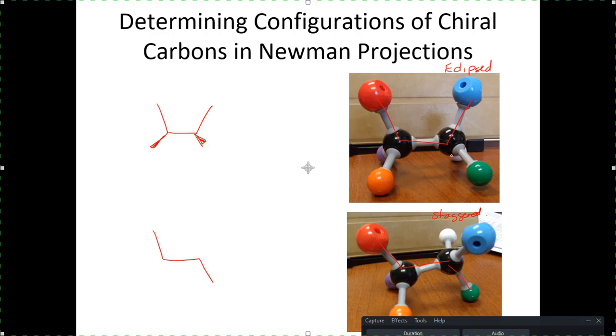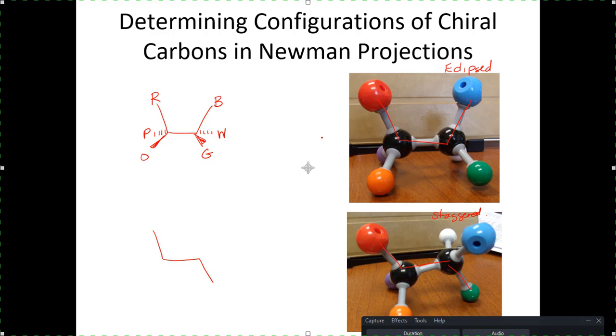The purple and the white that you can barely see are down, and they are away. So in this molecule, the red ball is here, the blue ball is here, the green is here. There's a white ball in the back, there's an orange ball, and then there's a purple.